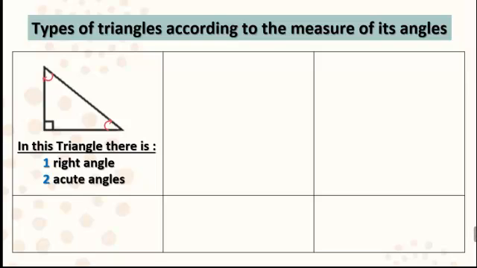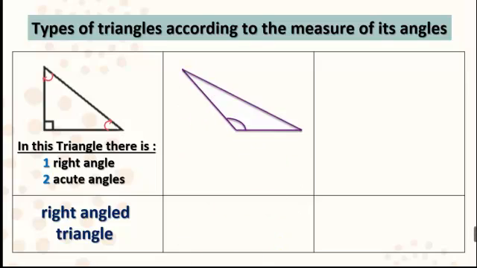What is the biggest one here? The right. Excellent. I know that the right angle is greater than the acute angle. So I look to the biggest angle, and I will name the triangle according to this angle. So I will name this triangle right-angled triangle. Why? Because it has a right angle and it's the biggest one.